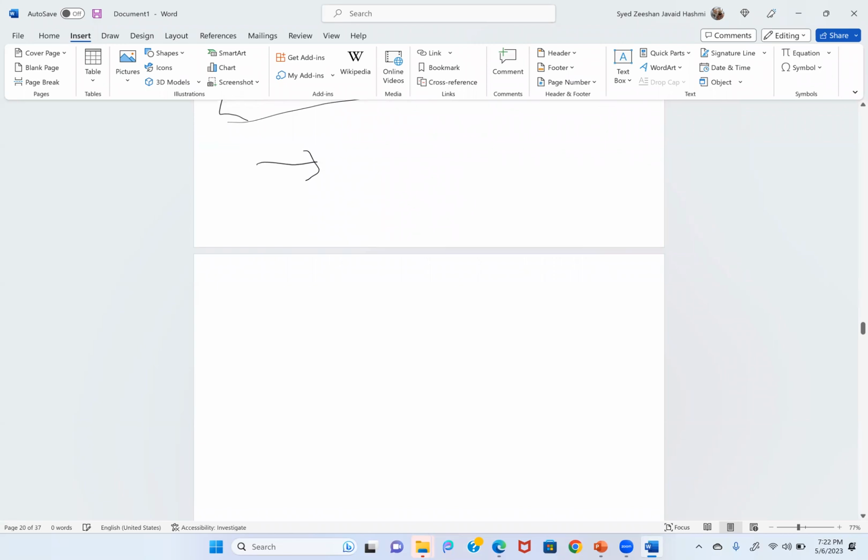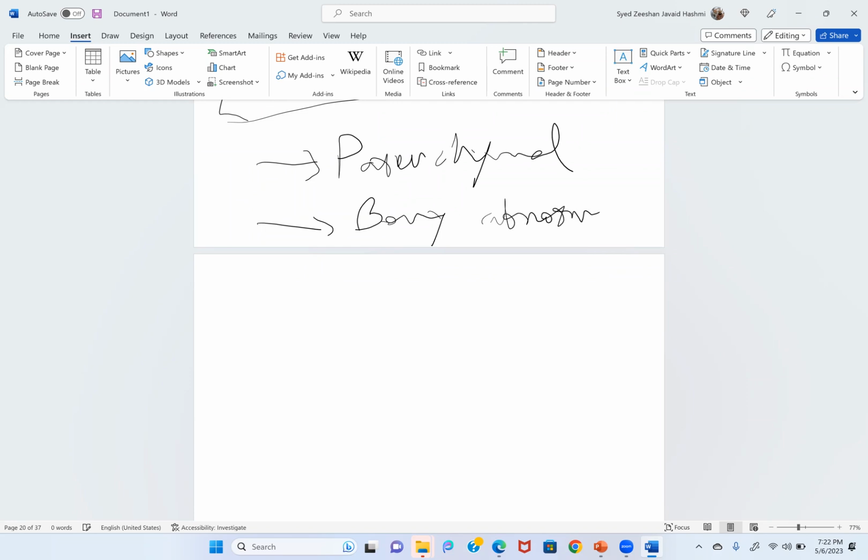Usually, you can find lung parenchymal changes, some bony abnormalities, and the heart shadow.